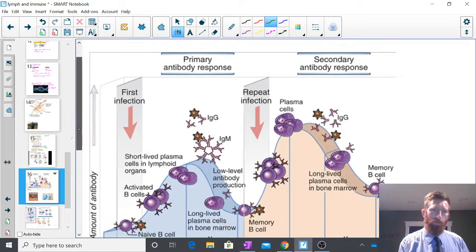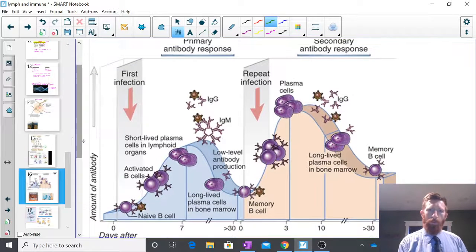Now, one thing: I found this interesting graph, both in your book and online. Your book has a slightly different version, but it's pretty much the same thing. We have a certain population of naive B cells, and if we never encounter an antigen specific for that B cell, it just floats around. We make more of it as they die because we have the genes to do it, but it doesn't really get activated.